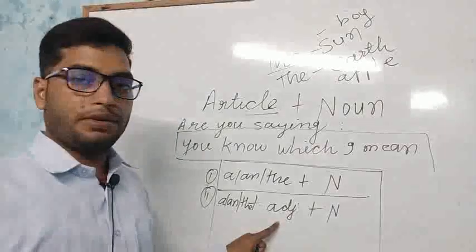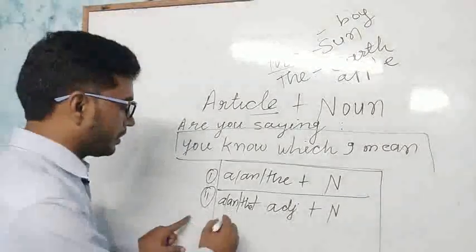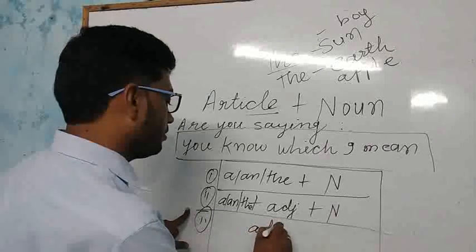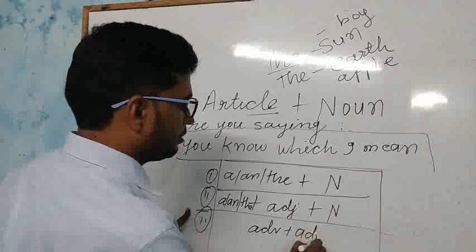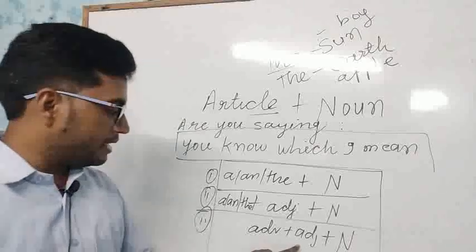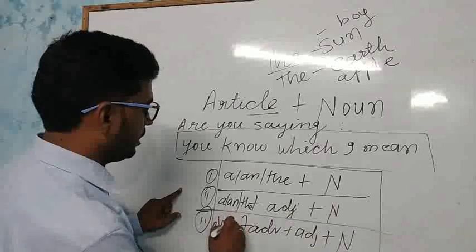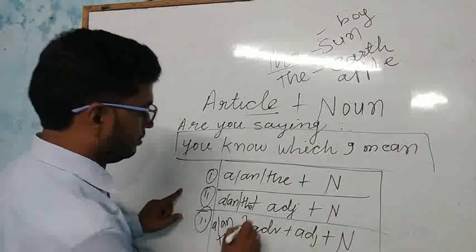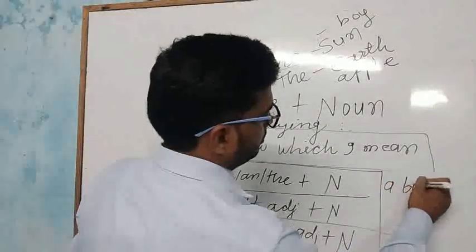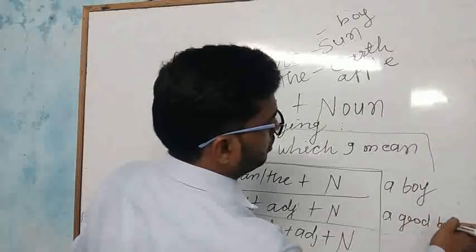If there is an adjective describing the noun, then use the article before the adjective, right? Or third, if there is also an adverb plus adjective plus noun, noun last, adjective before noun, adverb before adjective, then we have to put the article before the adverb. For example, you can say a boy, a good boy, a good book.